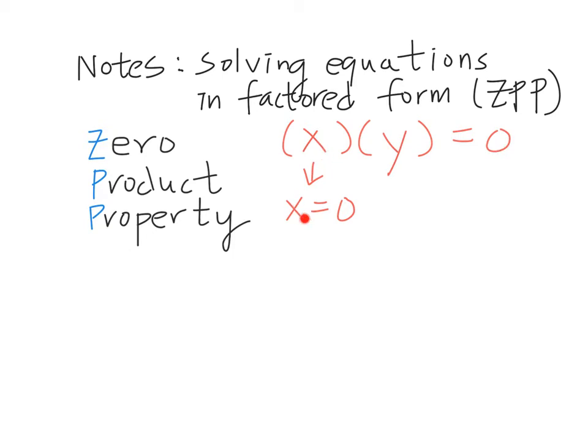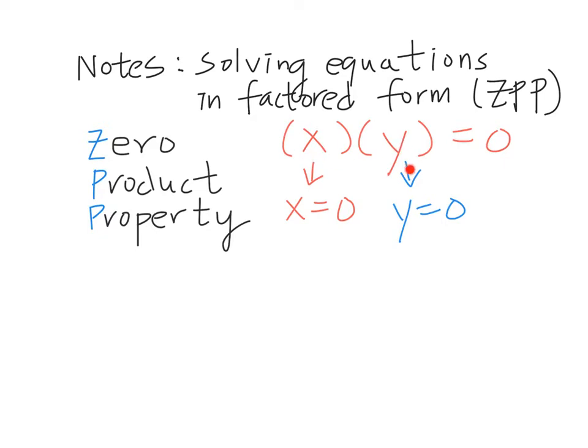So we have one option where the parentheses inside equal to 0, and that will make the equation true. And then we also have the other one. What if we make the parenthesis on the right side also equal to 0? Then it doesn't matter what x is at that point. As long as y is equal to 0, x can be 500, x can be anything.